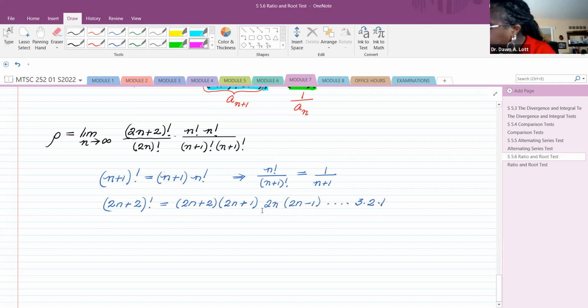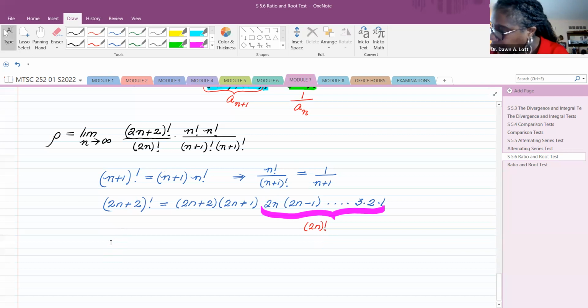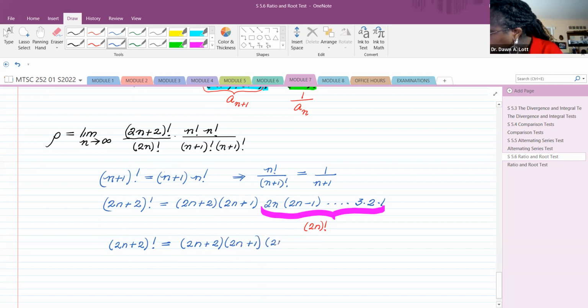But this whole piece is simply (2n) factorial. So that tells us that (2n plus 2) factorial is simply 2n plus 2 times 2n plus 1 times (2n) factorial.